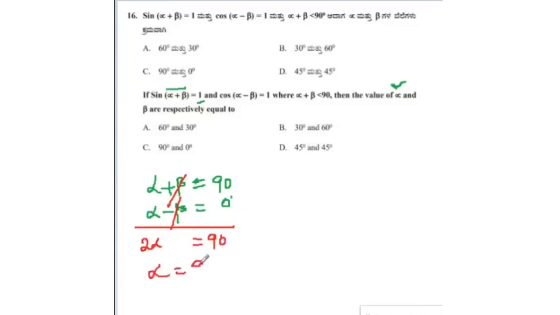Alpha is equal to 90 by 2 which is nothing but 45. So if alpha is 45, obviously beta will also be 45, because alpha plus beta is 90. So the correct option among these four is D, 45 and 45.